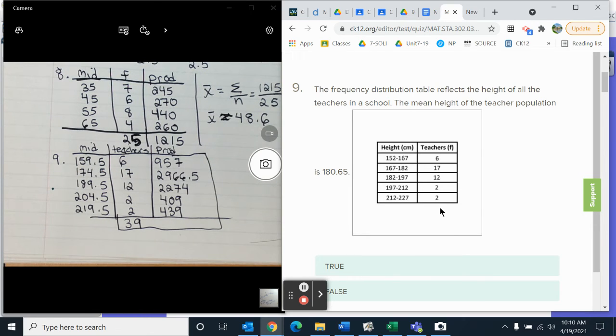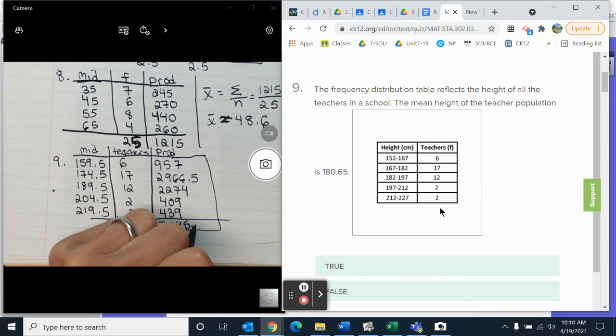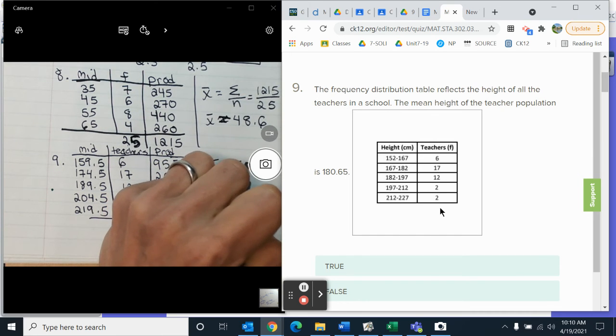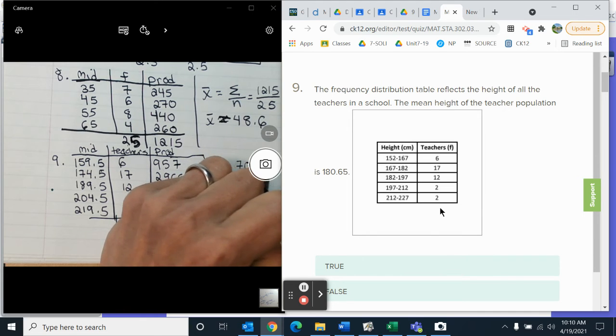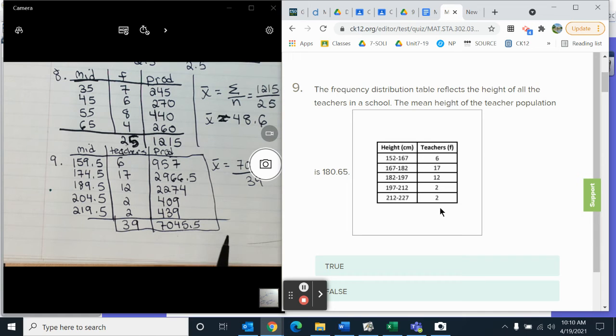Let's find our sum. And we get 7,045.5. So to find our mean, we take that 7,045.5 and divide by 39. And we get about 180.65.